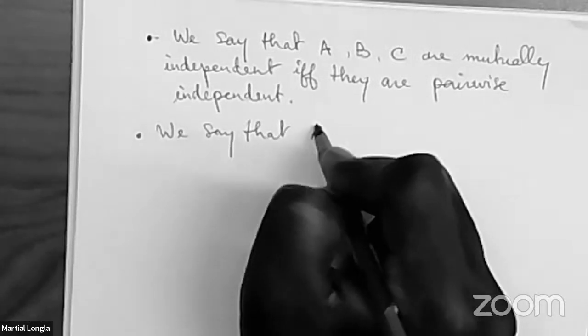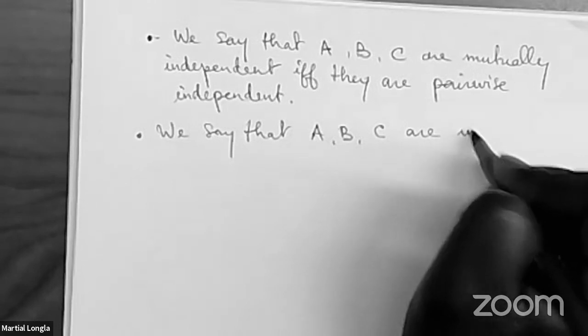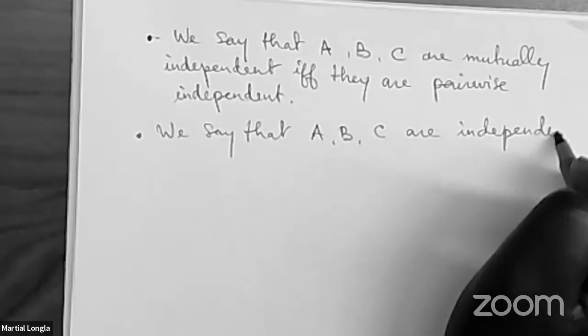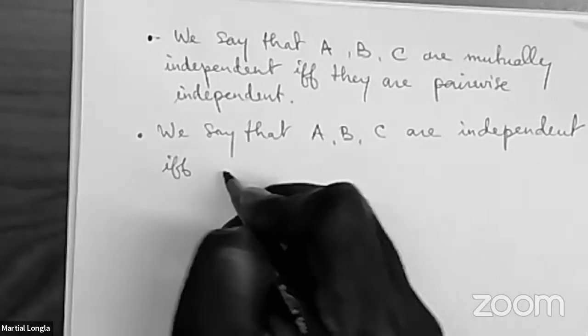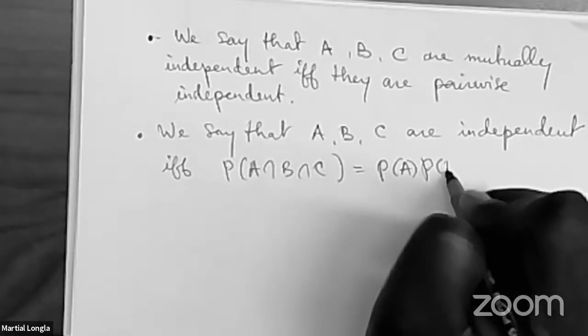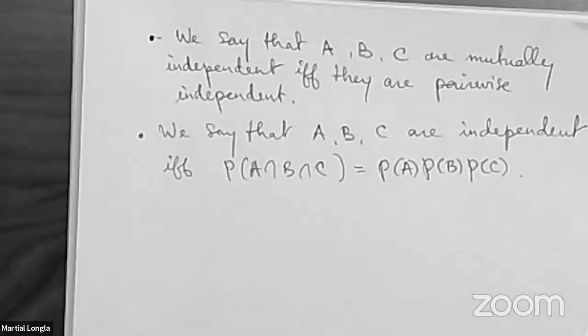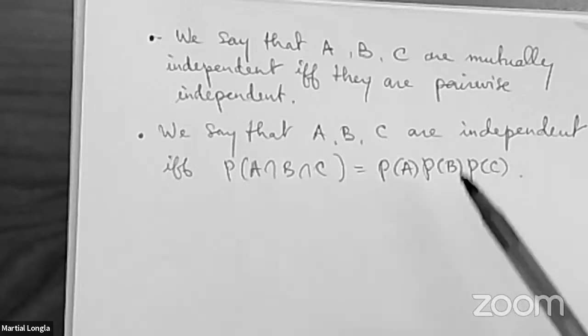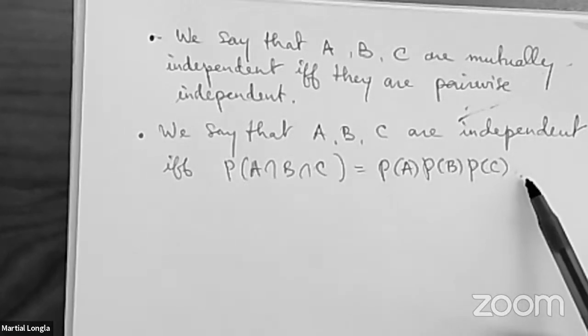So we say that A, B, and C are independent, just without the word mutual, if and only if P of A, B, and C is P of A, P of B, P of C. And that's not the same as pairwise. So pairwise independent doesn't imply independent.